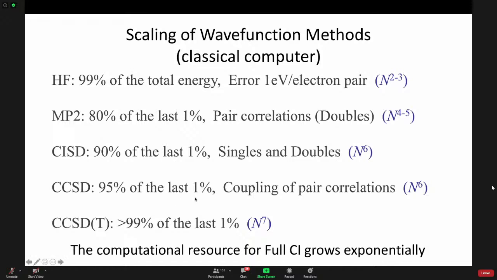So you see, it doesn't scale well on a classical computer. That's why, from the quantum chemistry point of view, we need a better solution. That's where quantum computers come into the picture.